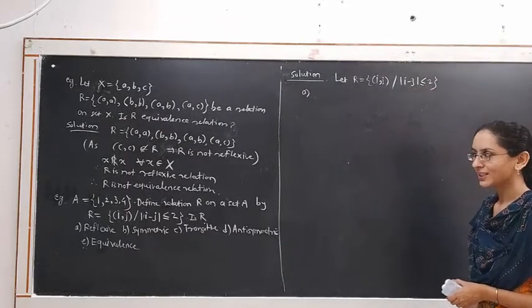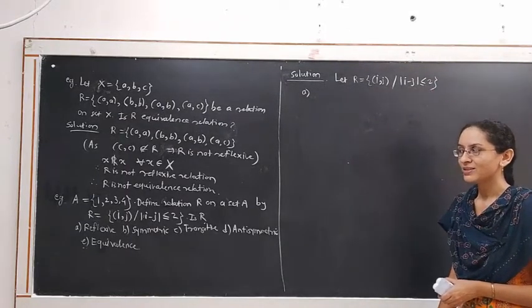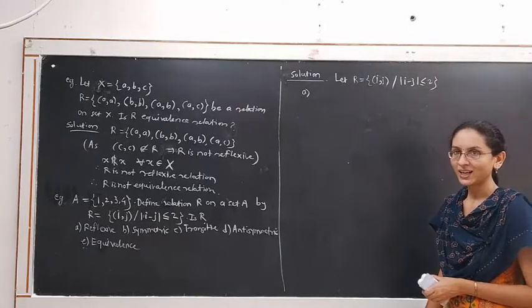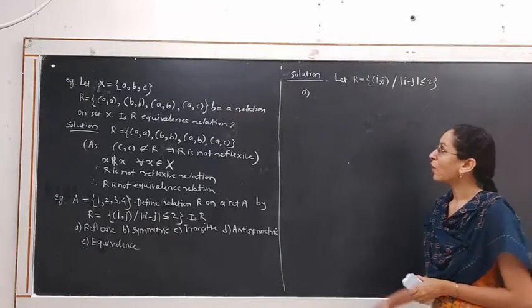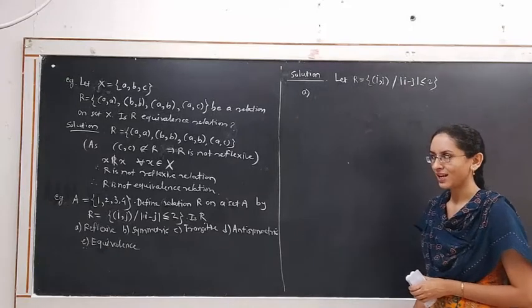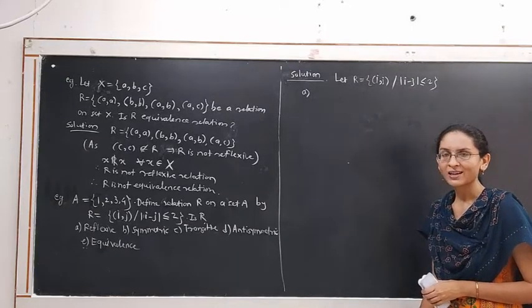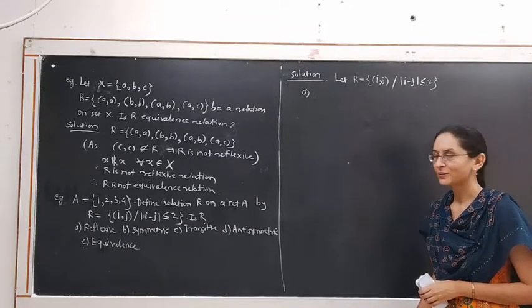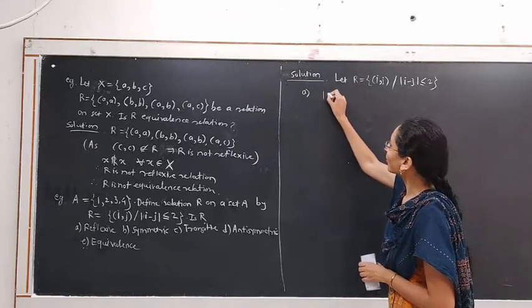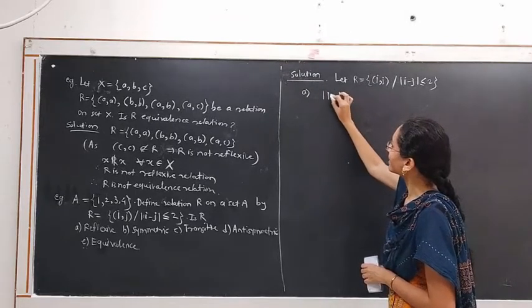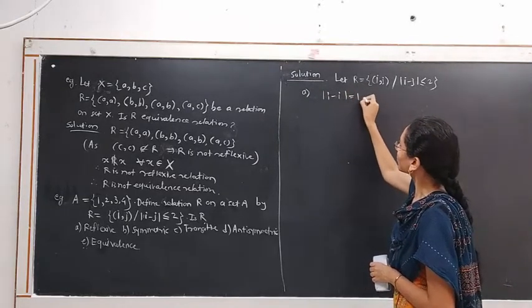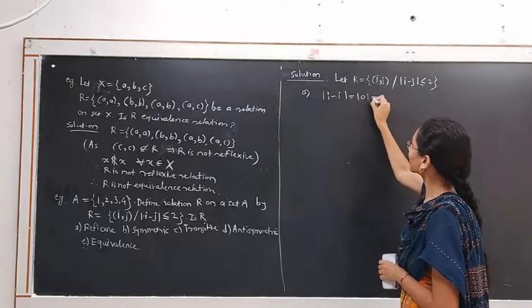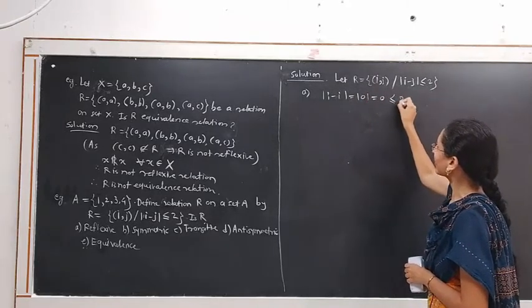For reflexivity, we consider all the elements of set A and check whether for each i belonging to set A, mod of i minus i is less than or equal to 2 or not. What is mod of i minus i? This is equal to mod of 0. Modulus of 0 is 0, less than or equal to 2.